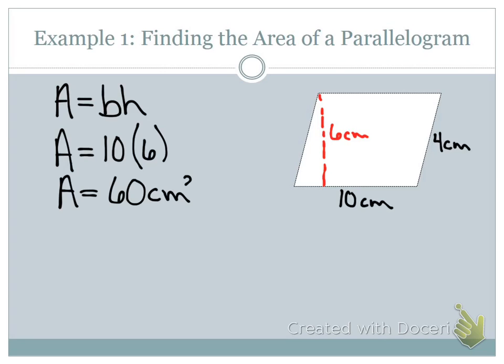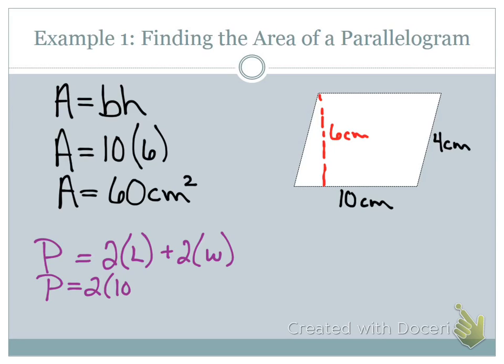centimeters squared. But now perimeter, guys, with perimeter, it equals 2 times the length. It's staying with the rectangle formula, plus 2 times the width. So what is the length, or my base? 10. P equals 2 times 10 plus 2 times, what would I plug in for width? 4.